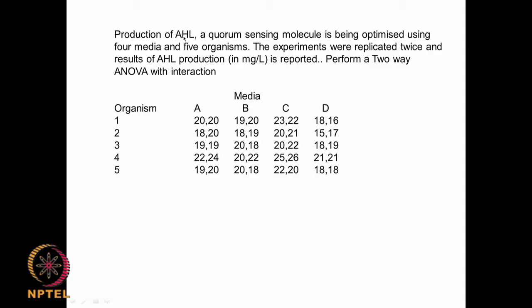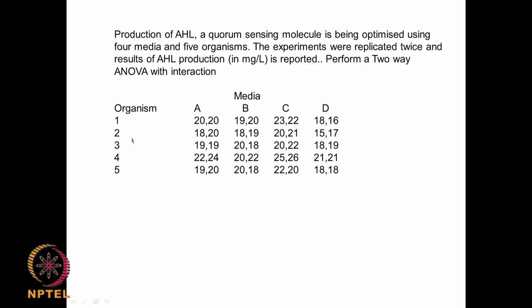So, production of AHL, this quorum sensing molecule, is being optimized using 4 different media A, B, C, D, and 5 different organisms. Many organisms produce lactones as AHL signaling molecule. In some cases there are peptides that are formed, okay.